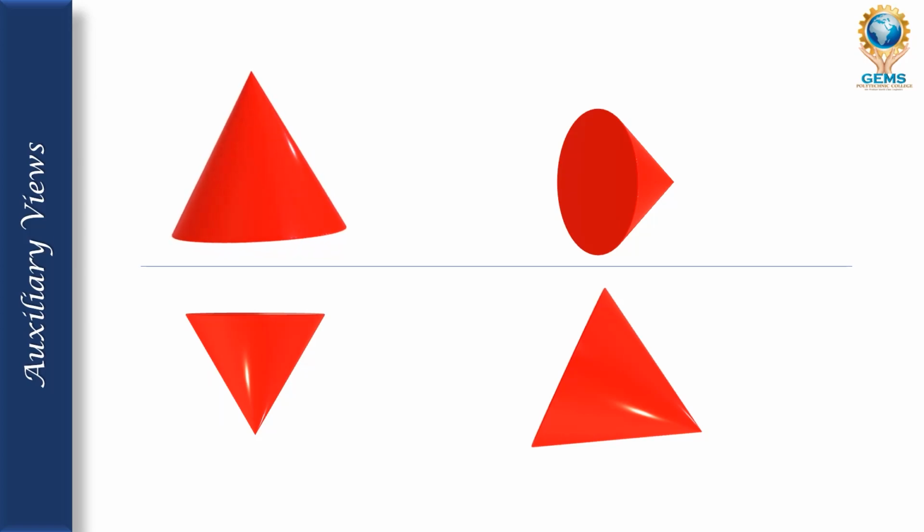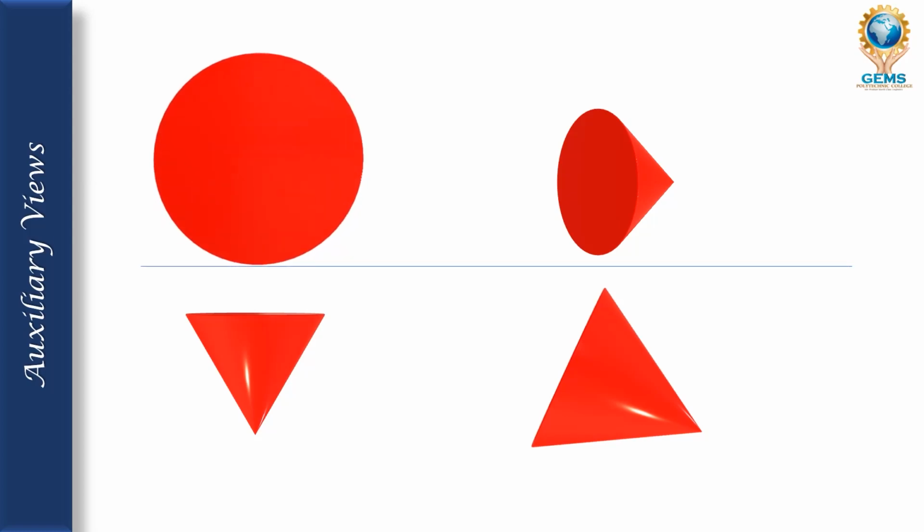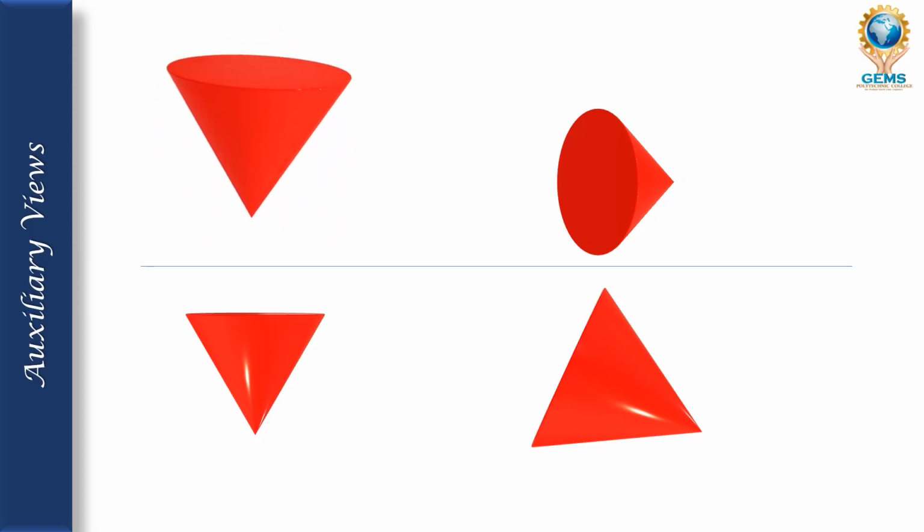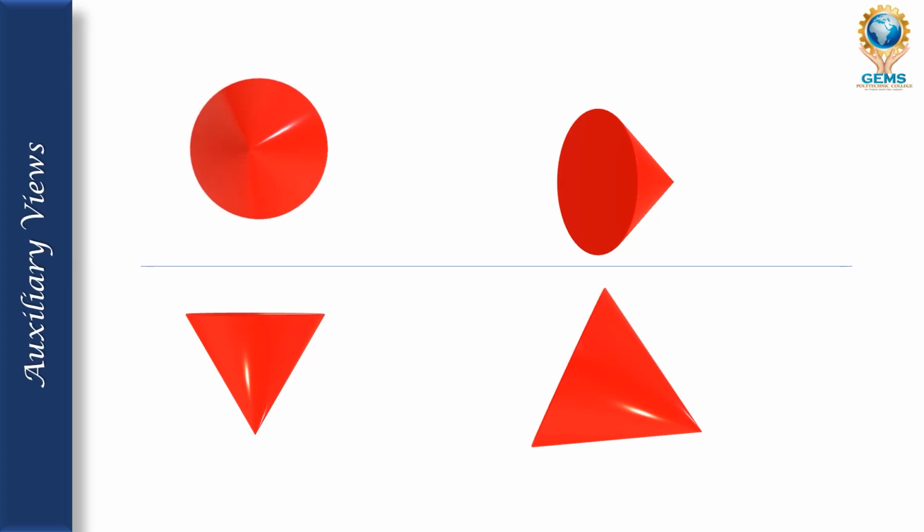It will look like this. This is the base, 40 mm diameter, and the total axis length, and this is the front view of the object. So this will be the center point.